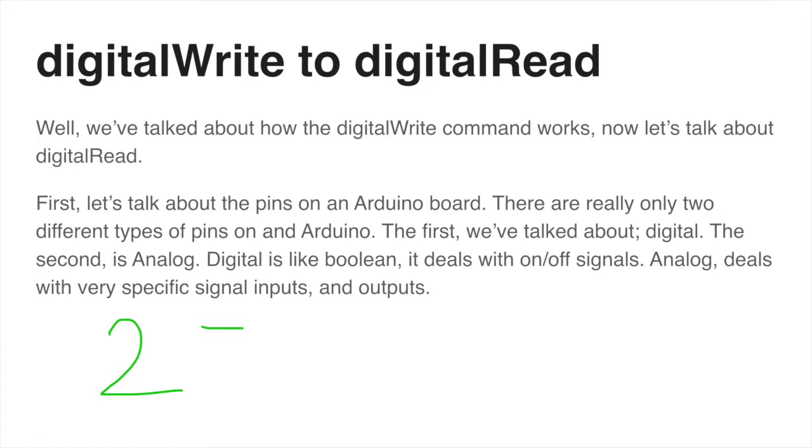And as you can probably guess by reading this slide, they are analog and digital. If you write that down, that would be great: 2 different types of pins, analog and digital.